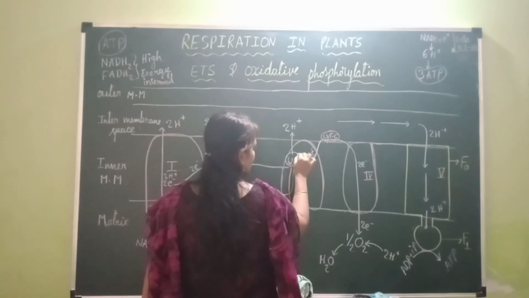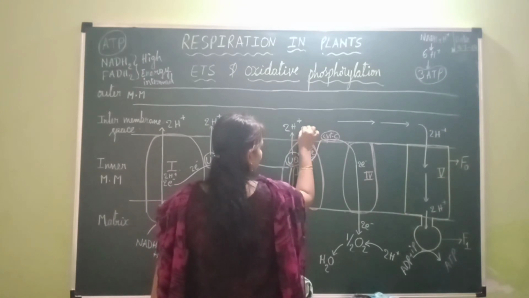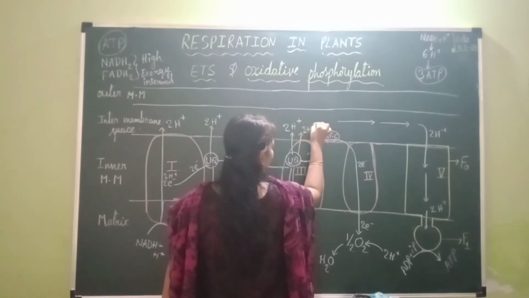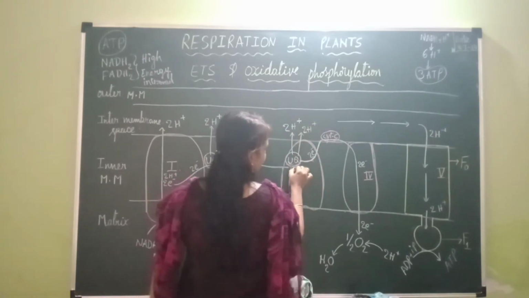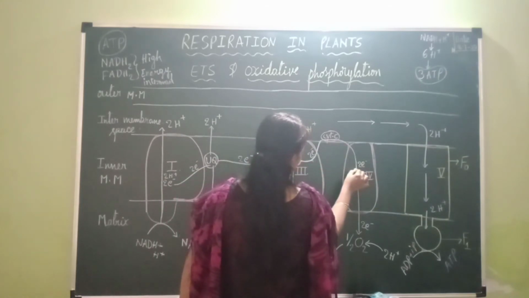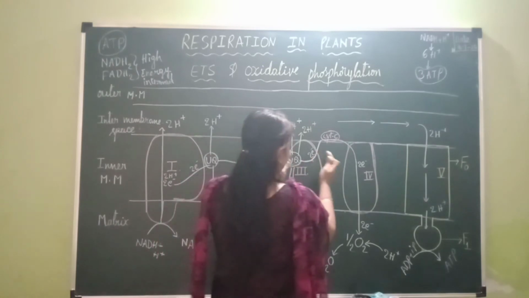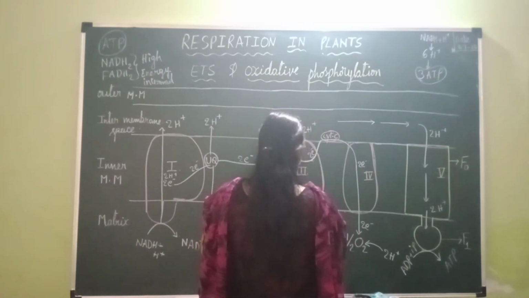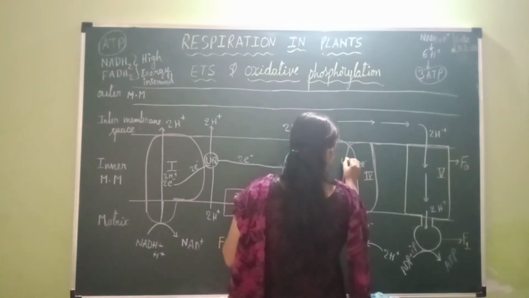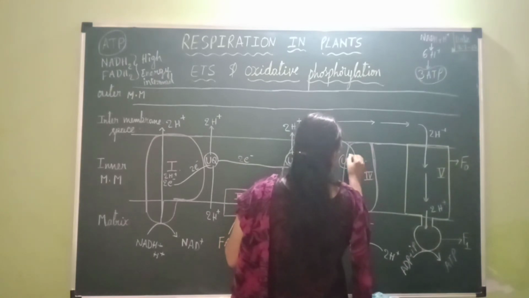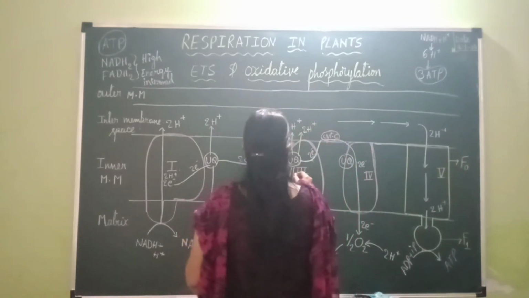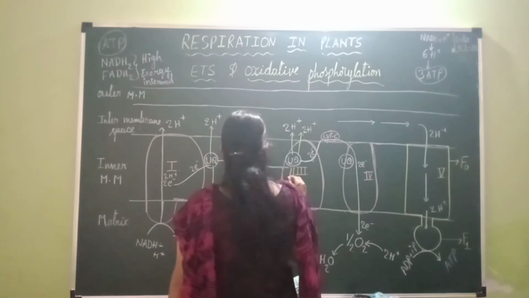Ubiquinone transports these protons into the intermembrane space but transfers electrons to the next complex, the fourth complex. As ubiquinone is a mobile electron carrier, it moves towards the fourth complex.